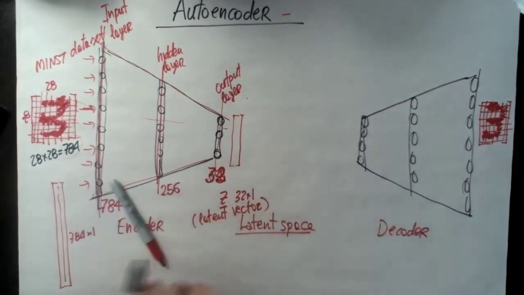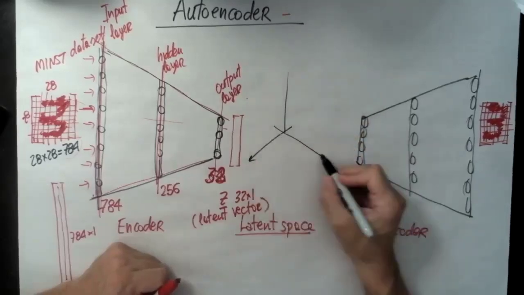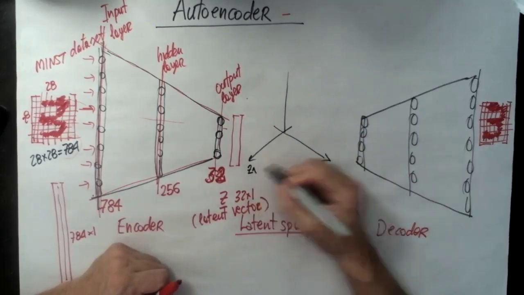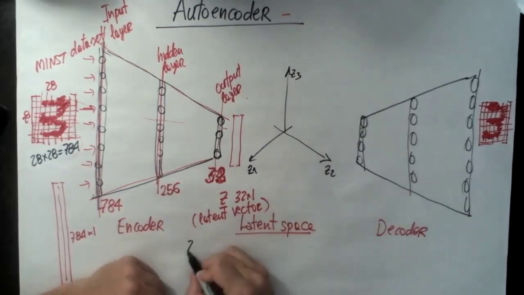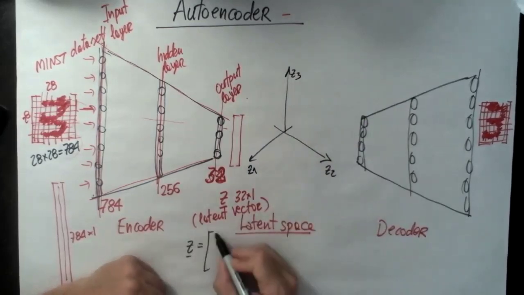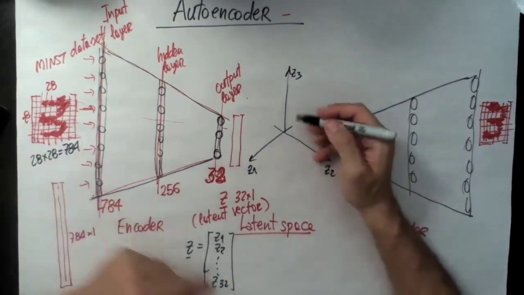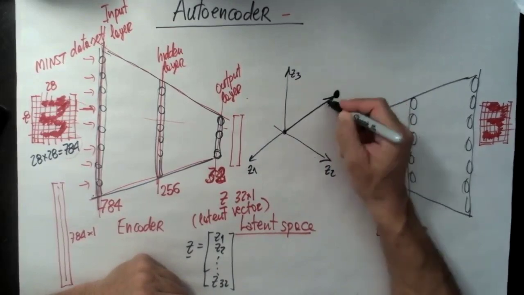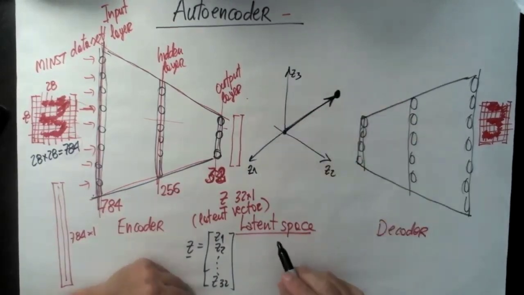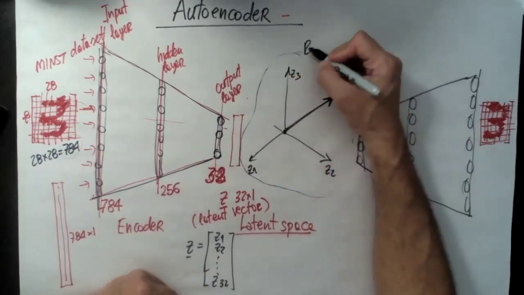Imagine that we just plot the first 3 components of this vector. Remember that this vector has components z1, z2, and so on until z32. So this image here becomes a point in the latent space. Okay, so here we have a reduced representation.